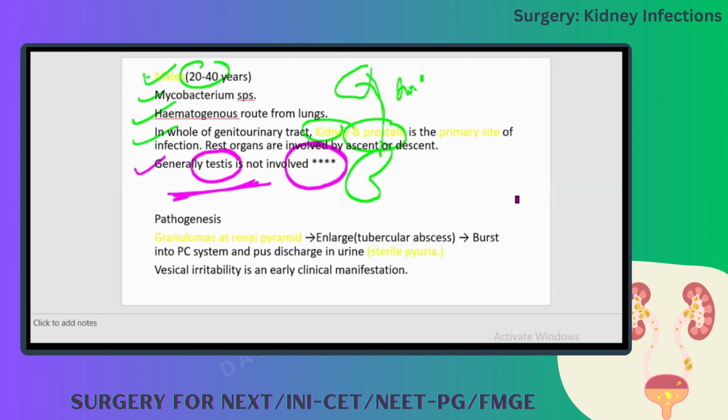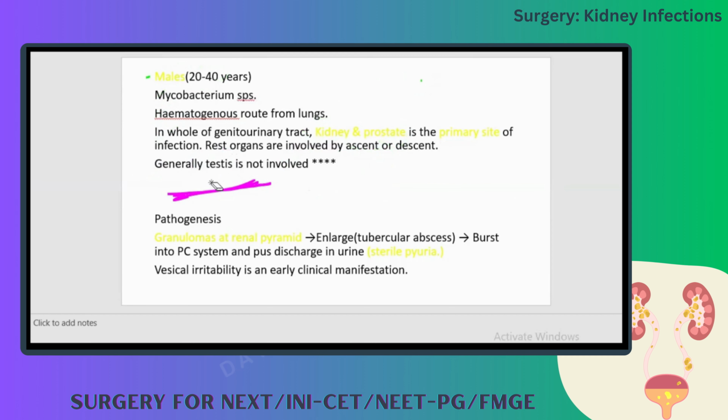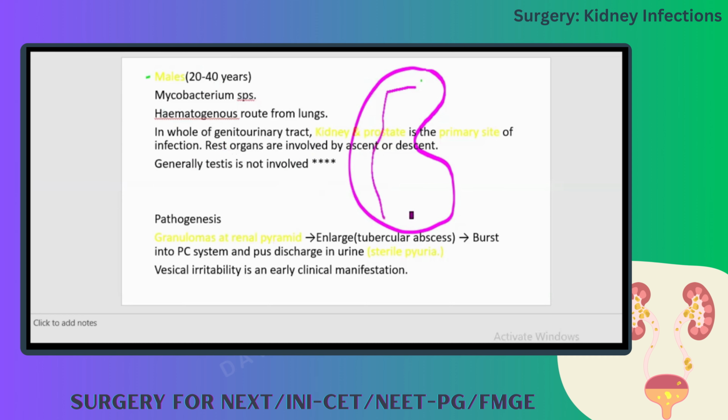And see what happens in renal TB. Suppose this is the kidney, this is the PCS. A granuloma will form here.